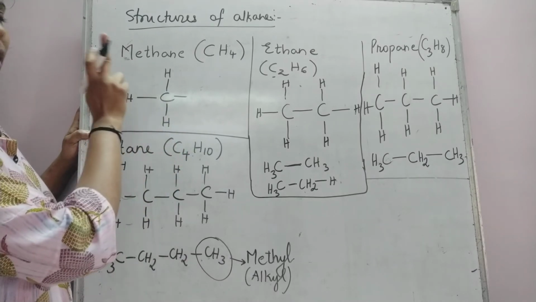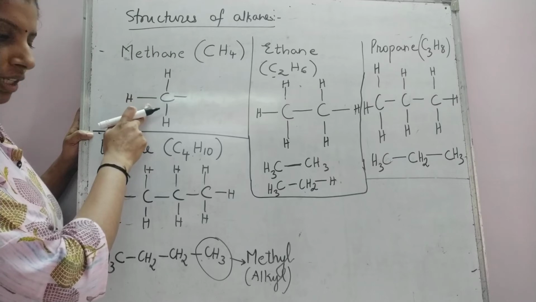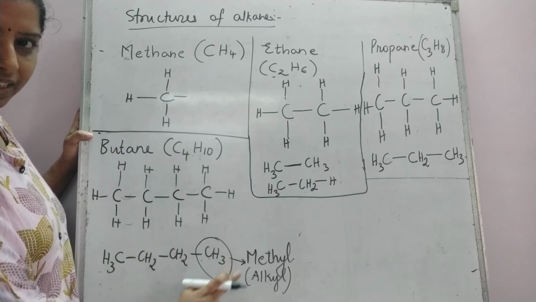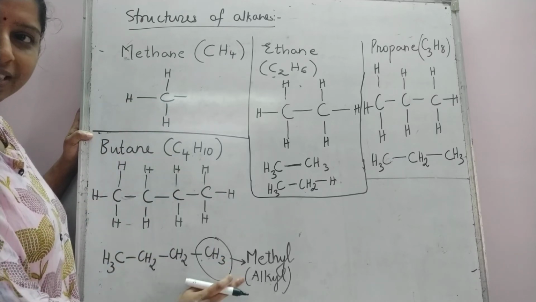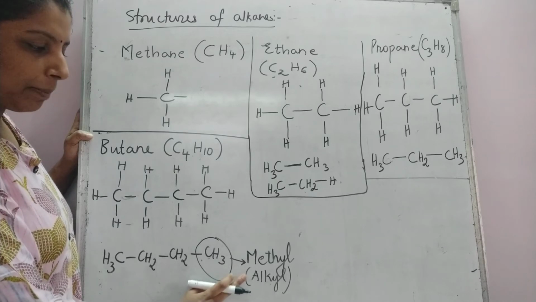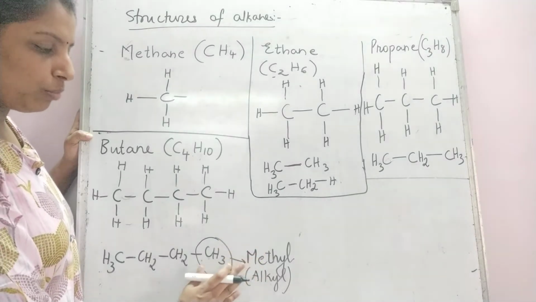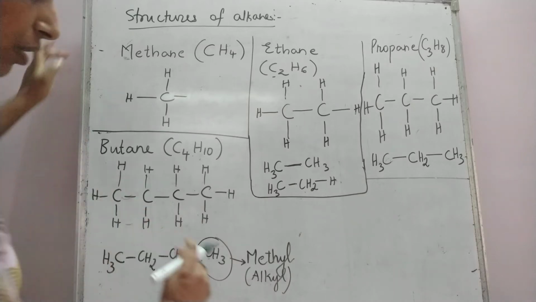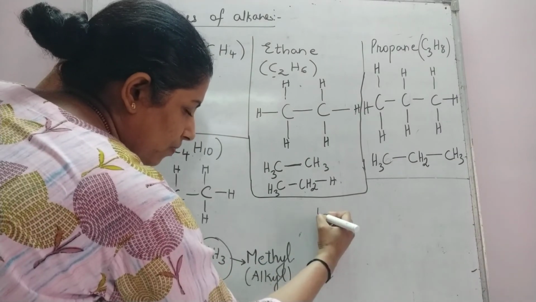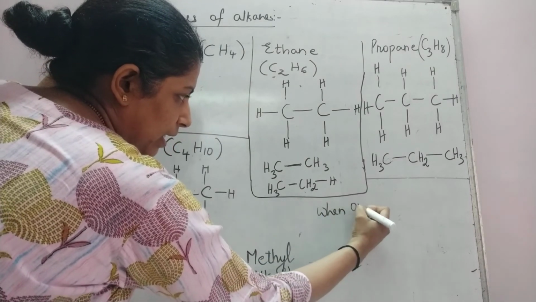So when you remove one hydrogen from methane, you get methyl. That is CH3. Instead of CH4, that is CH3.